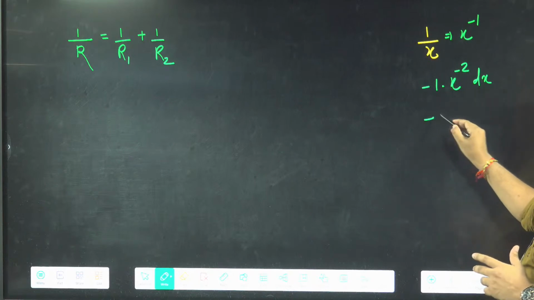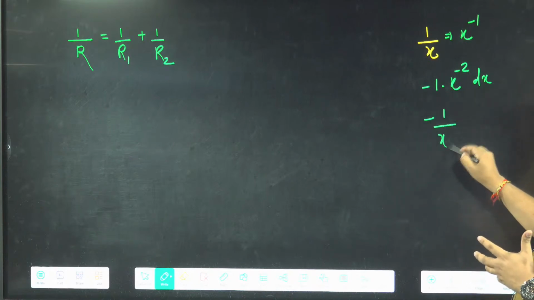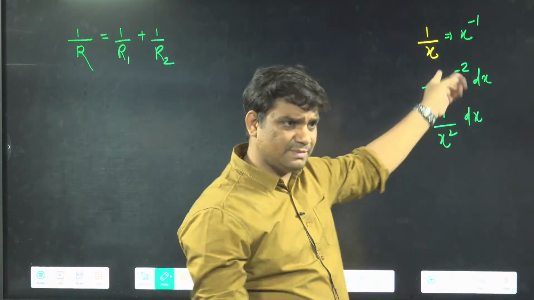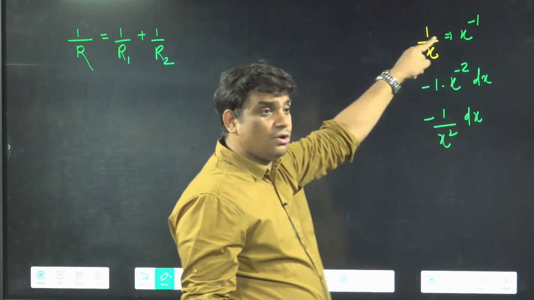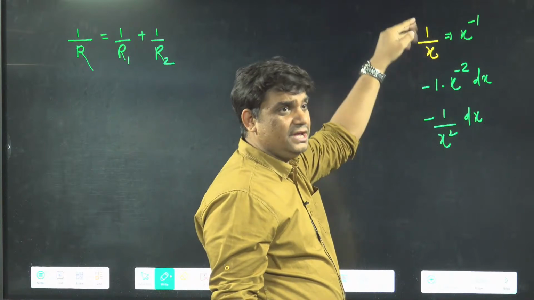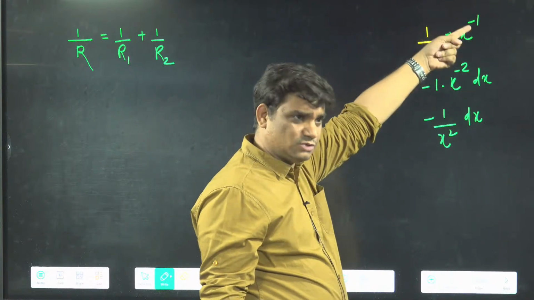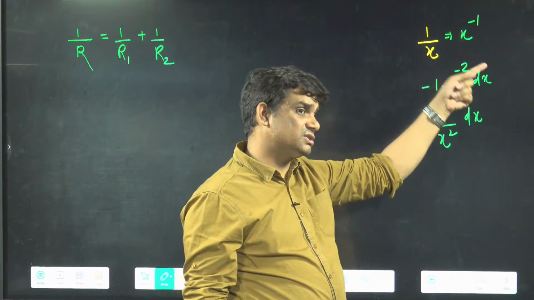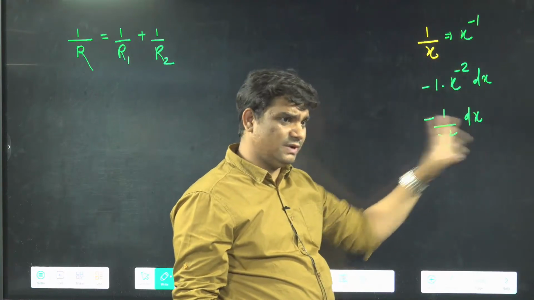Then we can write minus 1 by x square into dx. This is not log x. 1 by x will be x power minus 1, then you use minus 1, so minus 1 x power minus 2 into dx. So minus 1 by x square dx.